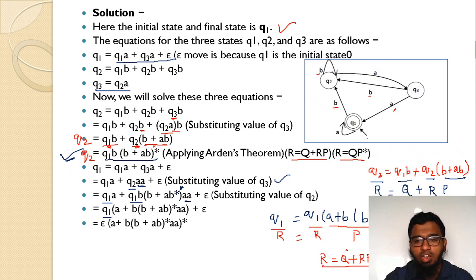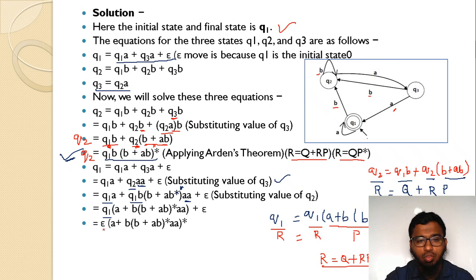So how we need to write? R is equals to Q, and what is Q? Epsilon is Q. If the equation is in this format, we need to write R is equals to QP closure.